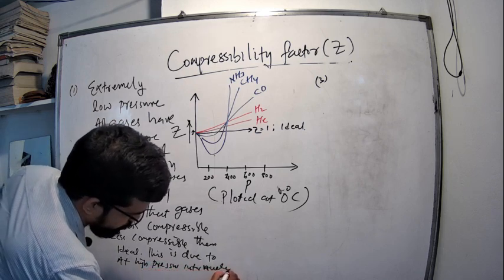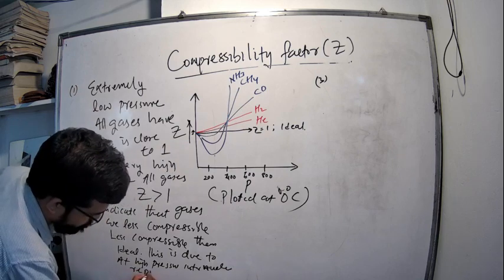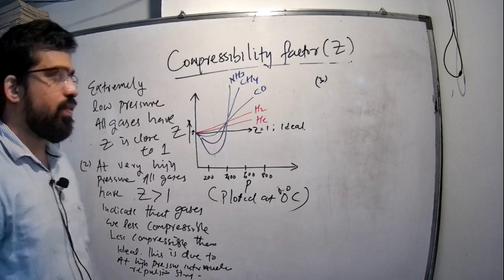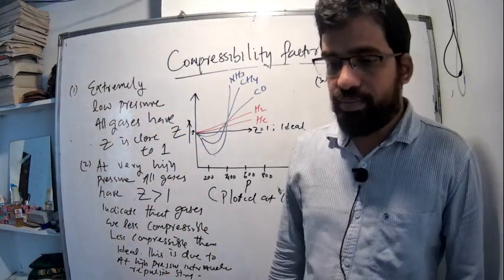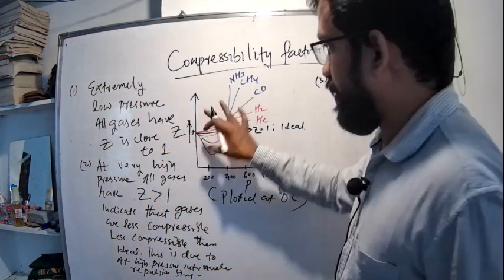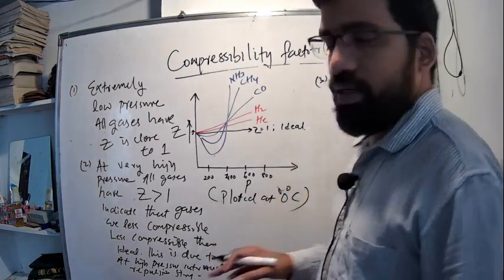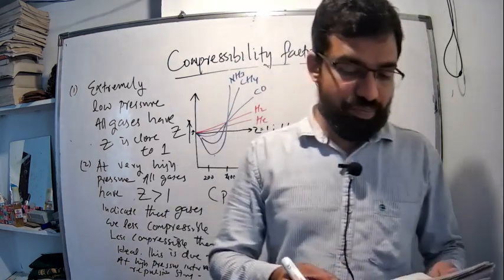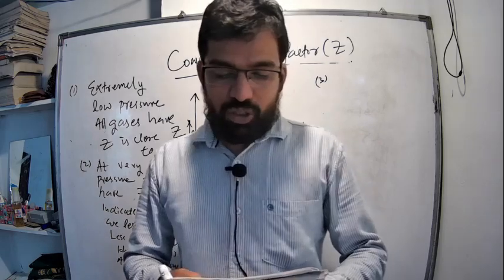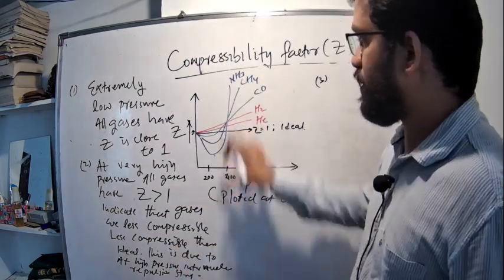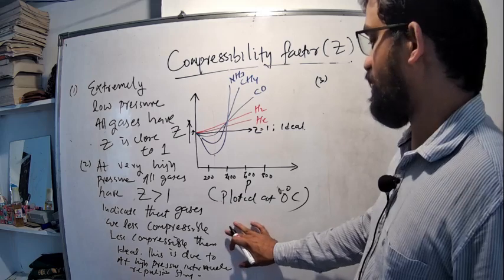So, this is about when Z is greater than 1. Now, Z is less than 1. I told you that Z greater than 1 is because of the internuclear repulsion.